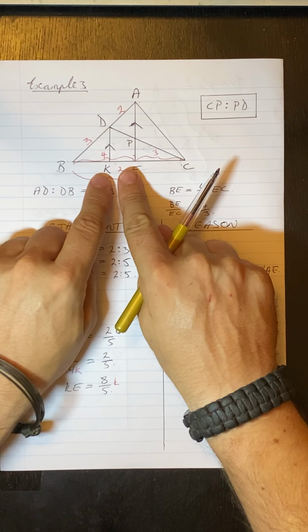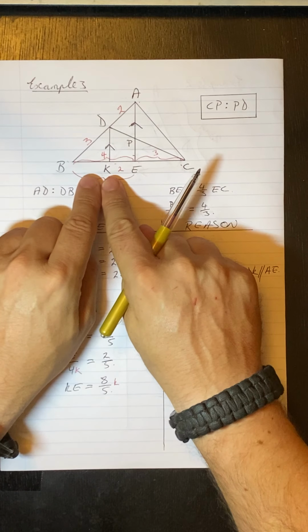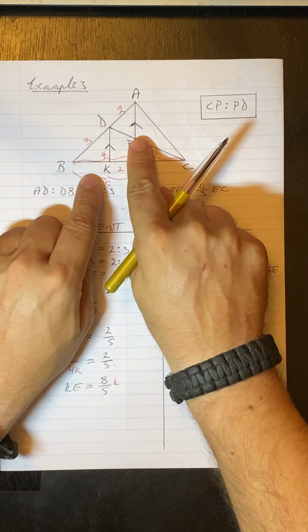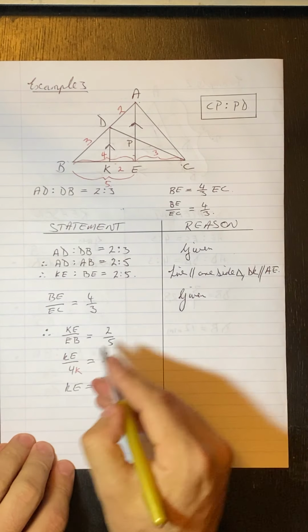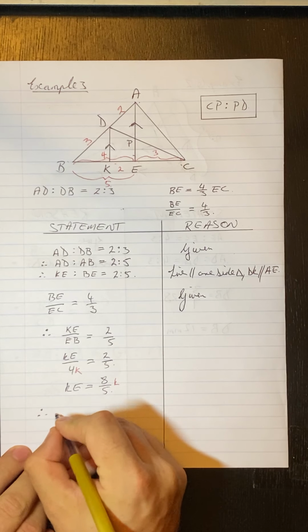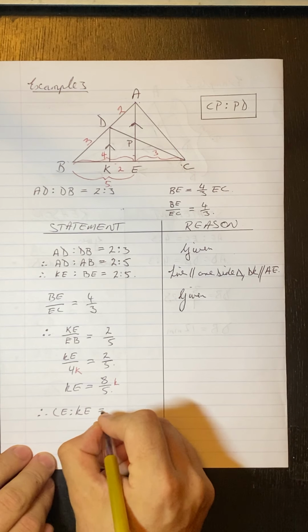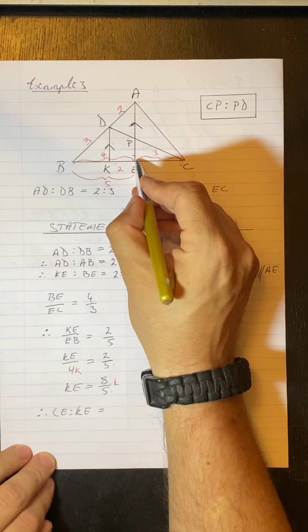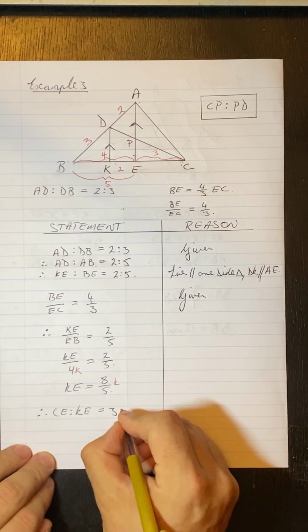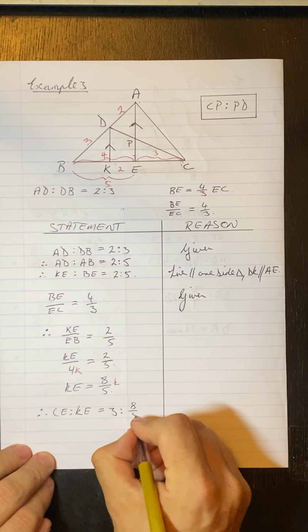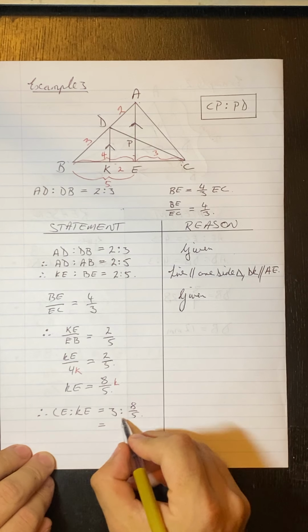What I can do now is say CE to EK will be CP to PD, which is what we wanted. So we now know, therefore, CE to KE is equal to 3 parts to 8 over 5 parts. I'm just going to simplify this by multiplying up by 5.